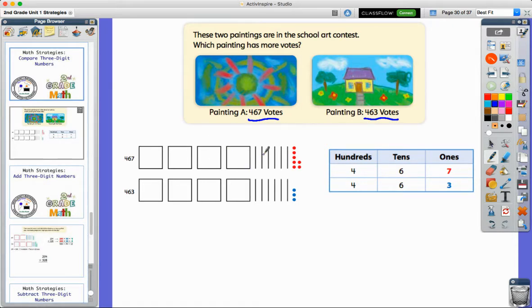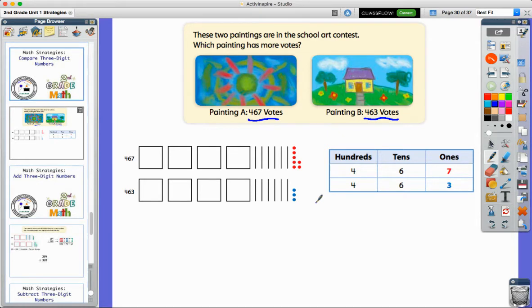I have 1, 2, 3, 4, 5, 6 lines that represent the 60, and then 7 ones. And for our second painting, 463, we have the same setup. We drew 4 hundreds blocks, 6 tens, and now 3 ones.